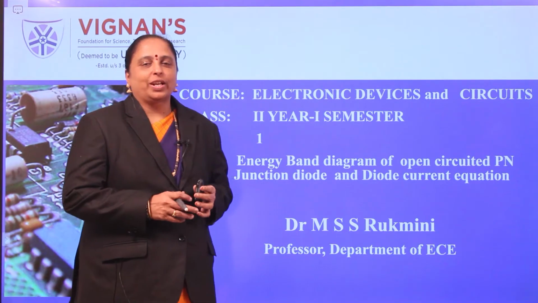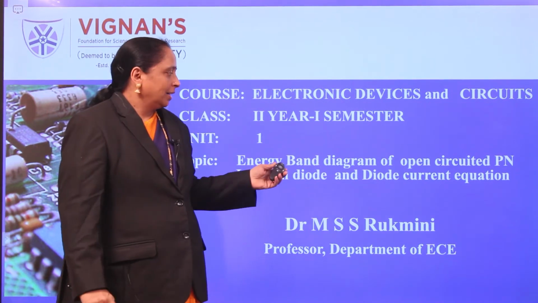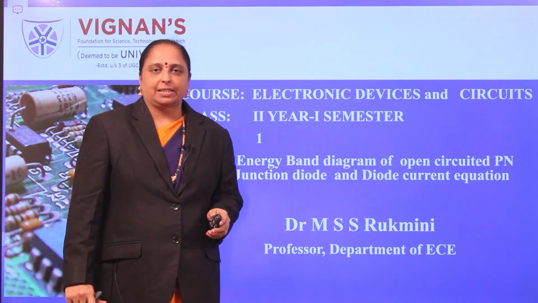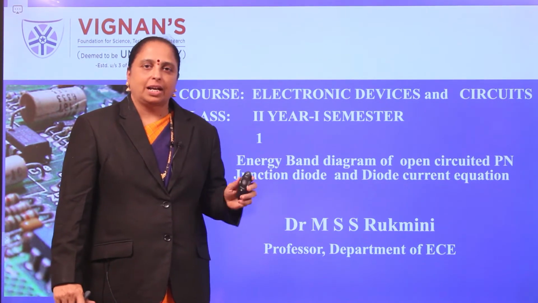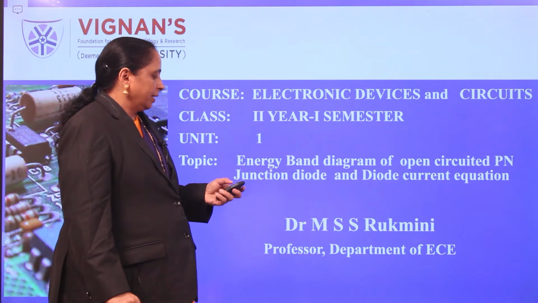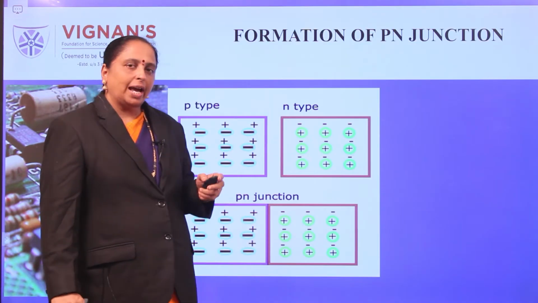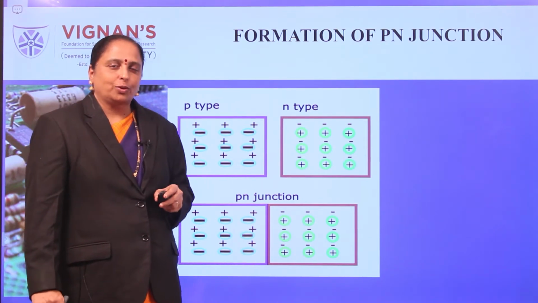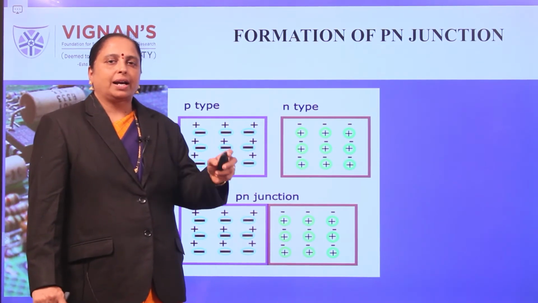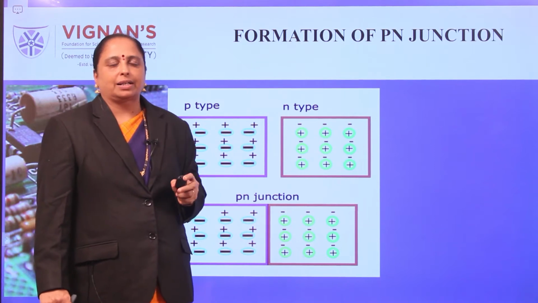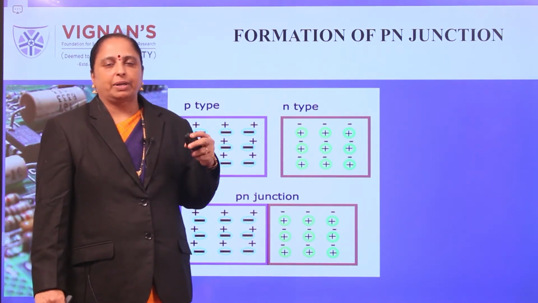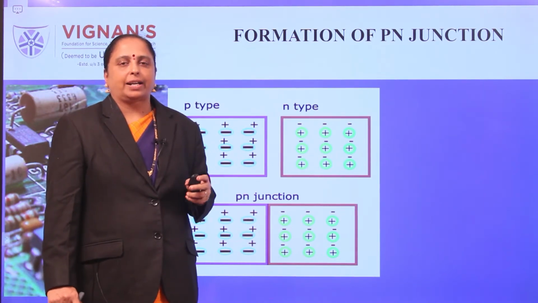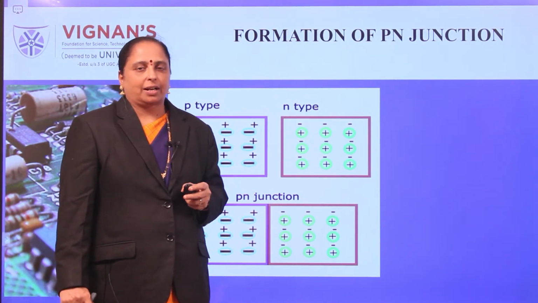Dear students, today we are going to discuss the energy band diagram of an open circuited PN junction. After that we will study the diode current equation. Before going to the energy band diagram structure, let us discuss how the energy band diagrams of P-type and N-type semiconductors can be drawn, and also the energy band diagram of an intrinsic semiconductor.